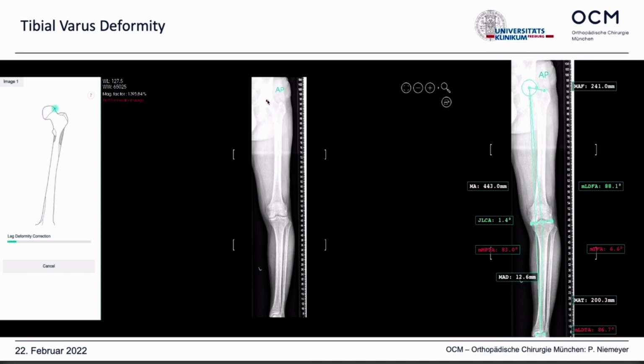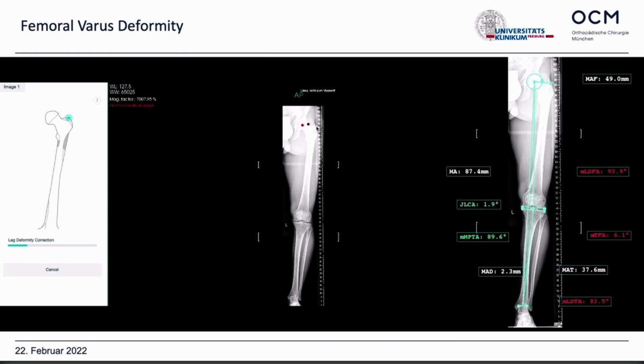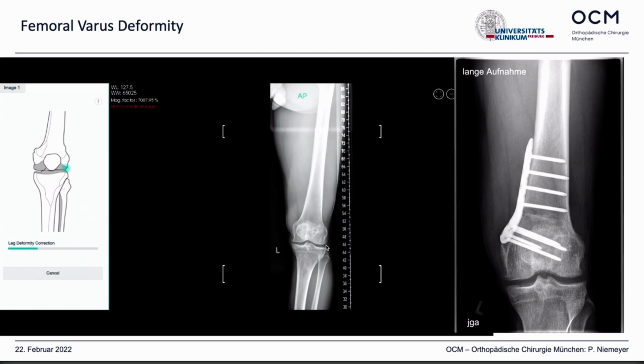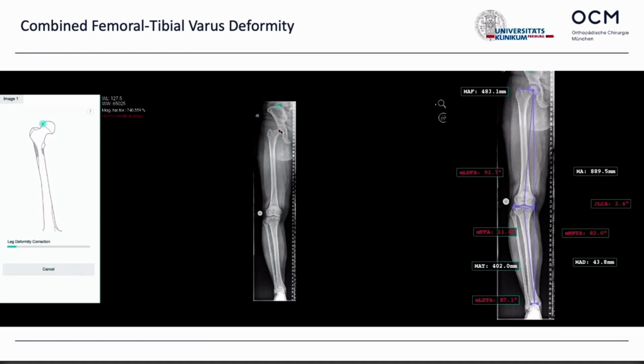This is a more or less isolated tibial varus deformity, probably a really good indication for a high tibial osteotomy. But you also have this kind of patient, and you see here on the right side, there's a pathological femoral distal angle. And the tibia is more or less configured normally, and in these patients we definitely go for femur osteotomy instead of a high tibial osteotomy in order to avoid an oblique joint line.